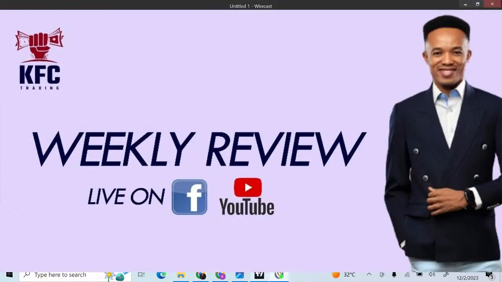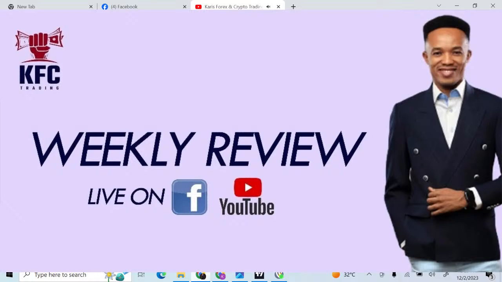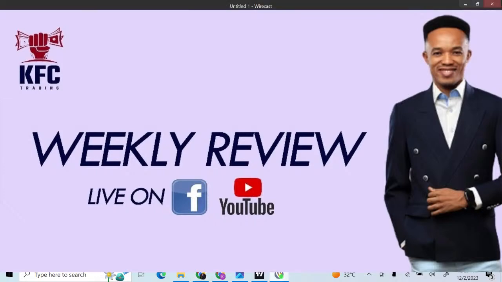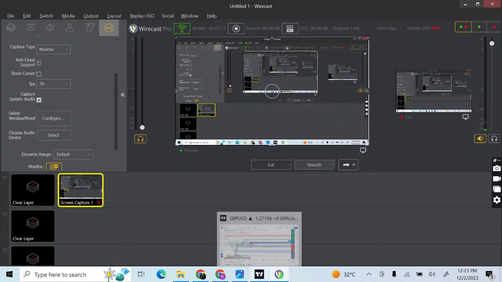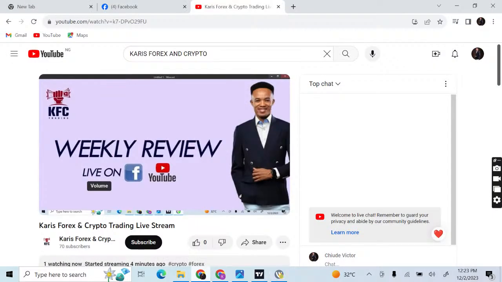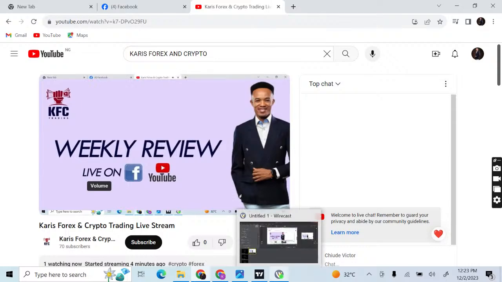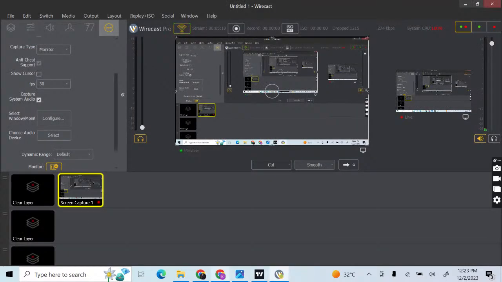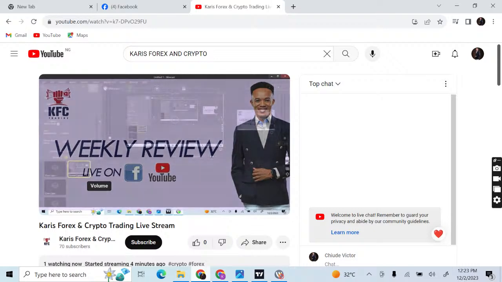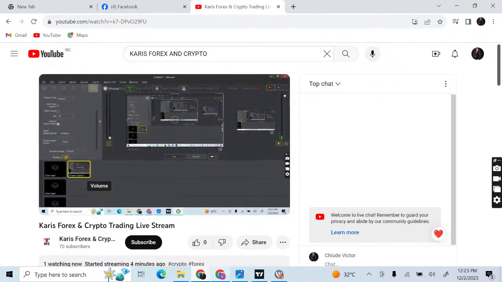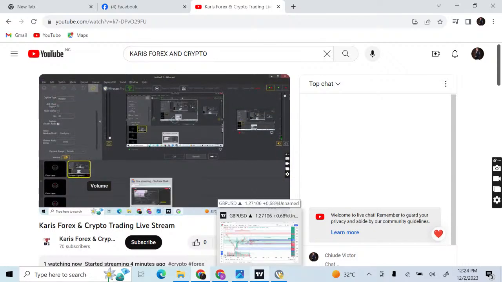So from what I can see on the screen, I've seen the error. It has been corrected. So I want to believe you can see my TradingView app now. The error has been corrected. That was the same error that affected the last session.